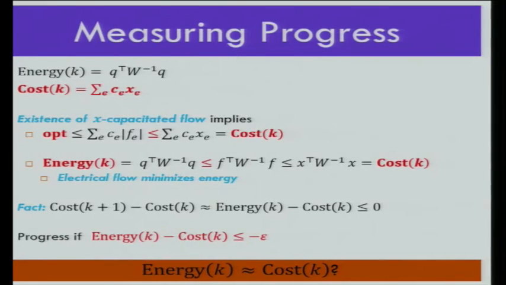But we also have to rule out that energy becomes close to cost. If this really starts becoming the same, then this potential function is not really changing. So how do we do that? Here is where comes the idea of using a barrier function.